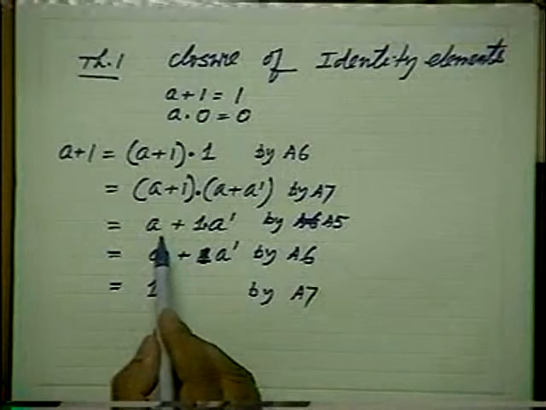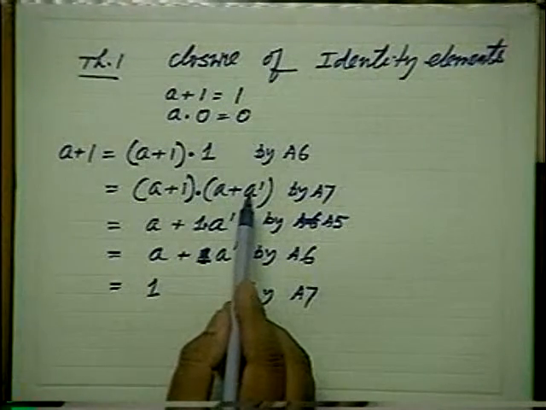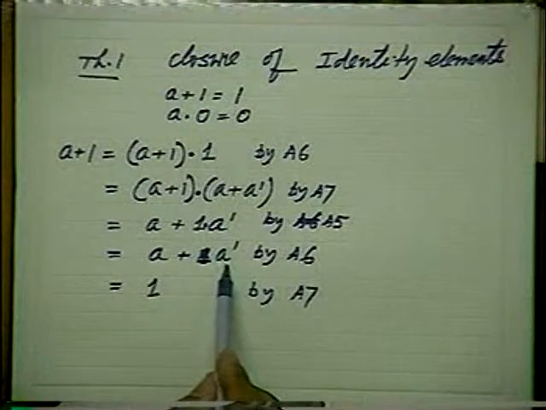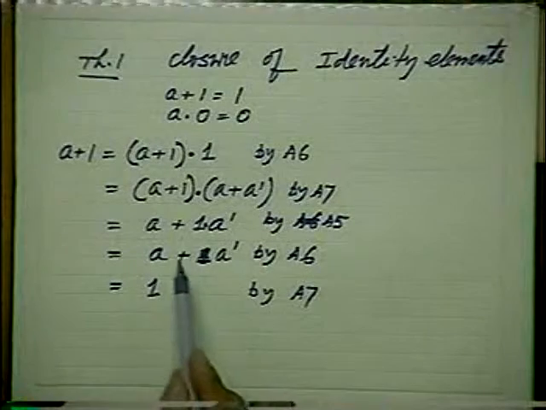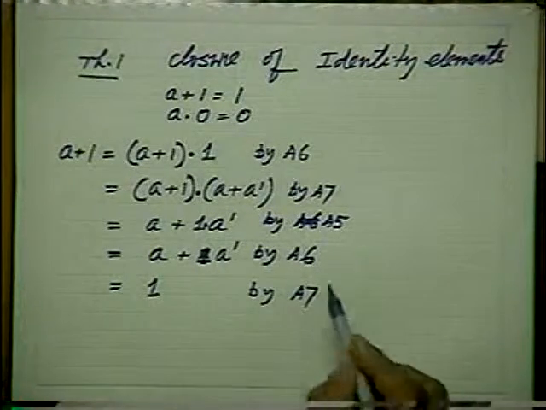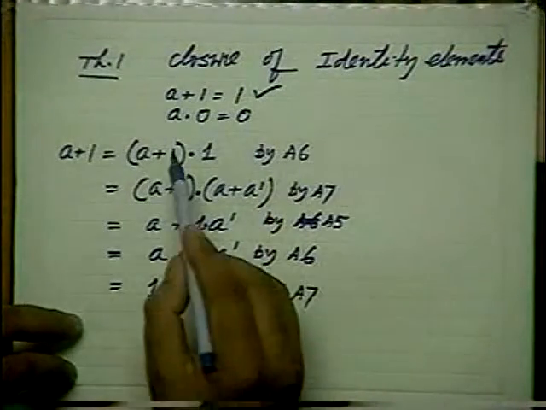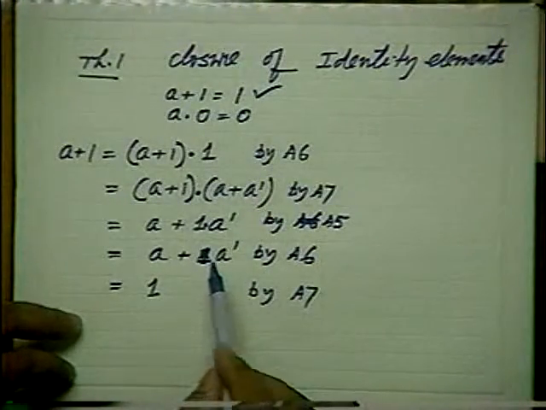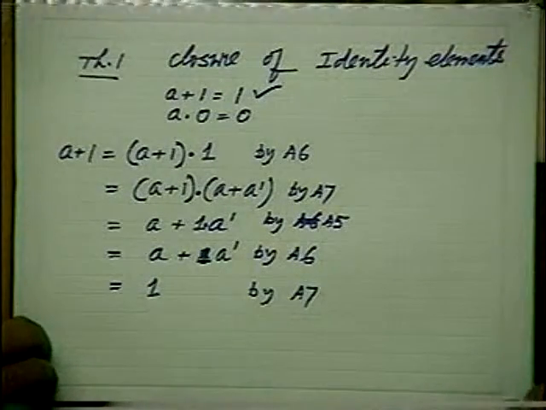Therefore, this is essentially a plus 1 dot a dash, and 1 dot a dash is essentially a dash by a6, right? And this is therefore equal to a plus a dash equal to 1 by a7 once more. Now it's all right. Therefore, you see that this is a theorem which we have proved from the fundamental axioms. Is it okay? From the axioms.